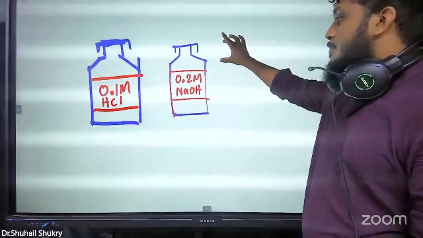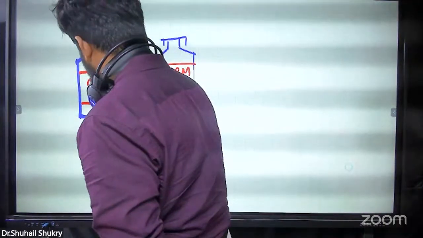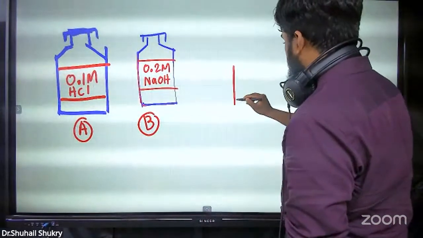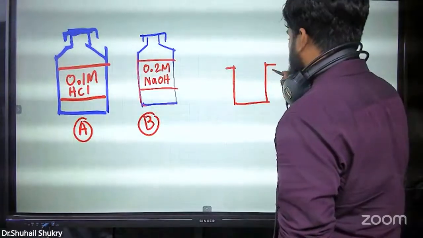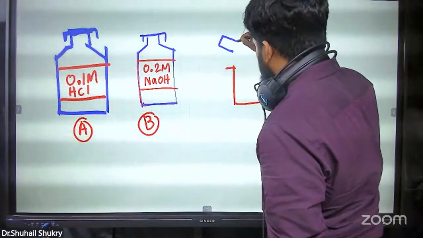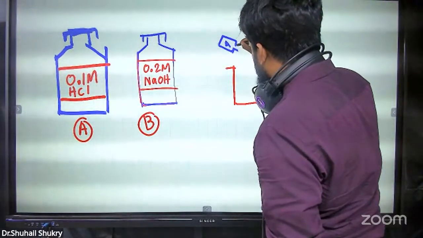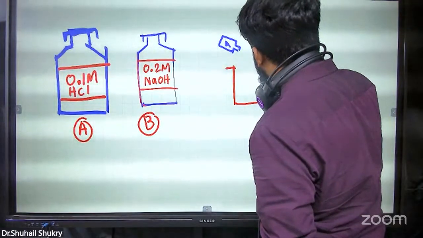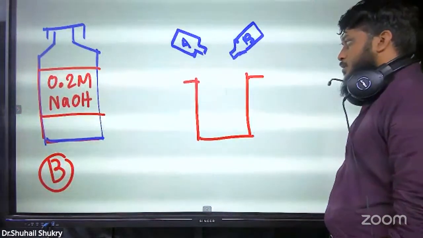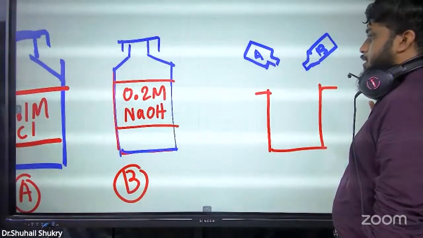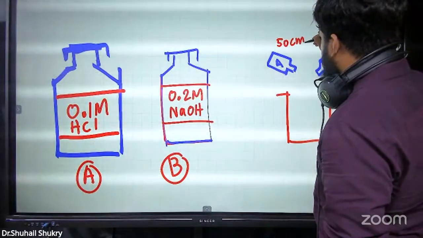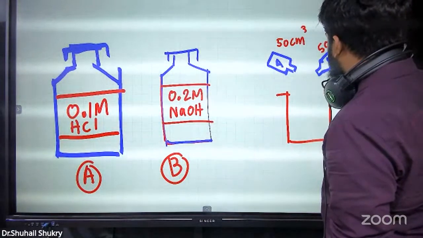Now what are they doing? This is A, this is B. They take a beaker and they put 50 cm³ from this and 50 cm³ from this.